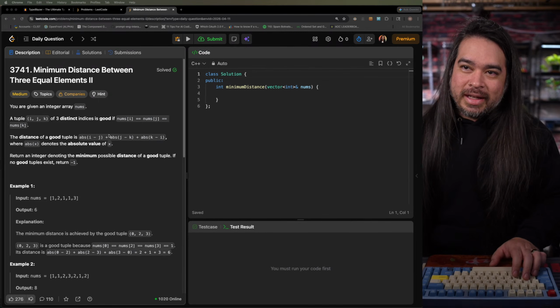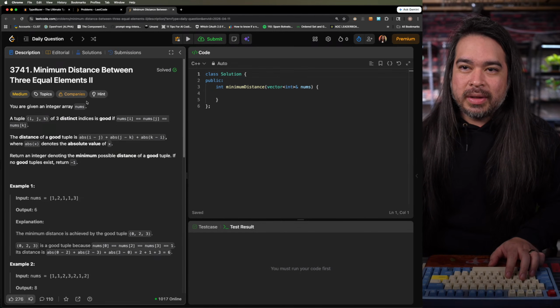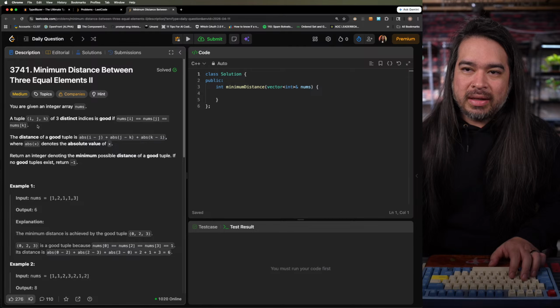Alright, let's do this daily. Minimum distance between three equal elements, part 2. You're given an integer array nums. A tuple ijk of 3 distinct indices is good if nums i equals nums j equals nums k.